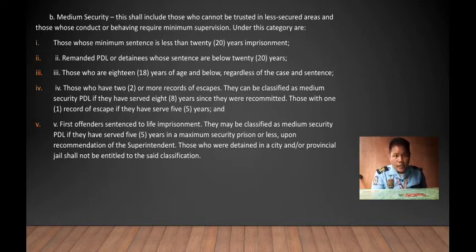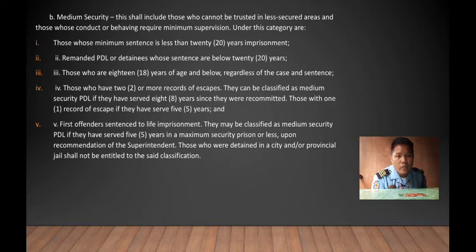Those who are 18 years of age and below, regardless of the case and sentence. Those also who have 2 or more records of escapes can be classified as medium security PDL if they have served 8 years since they were committed.